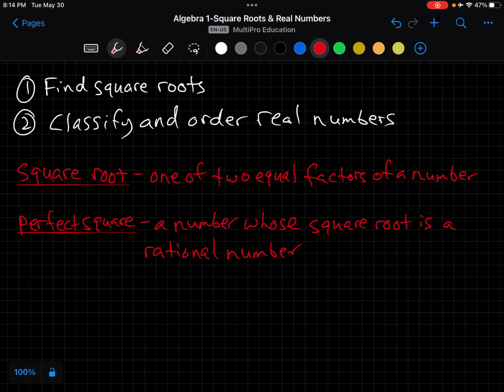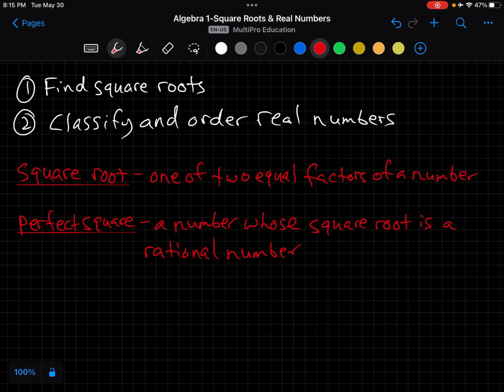Okay. Anybody remember what a rational number is? So those are numbers that can be expressed as either terminating or repeating decimals, or they can be like a fraction where the denominator is not equal to 0. And in the fraction you have to have integers. Okay.